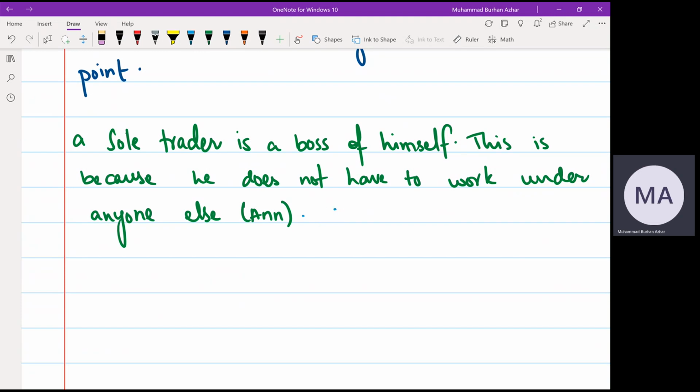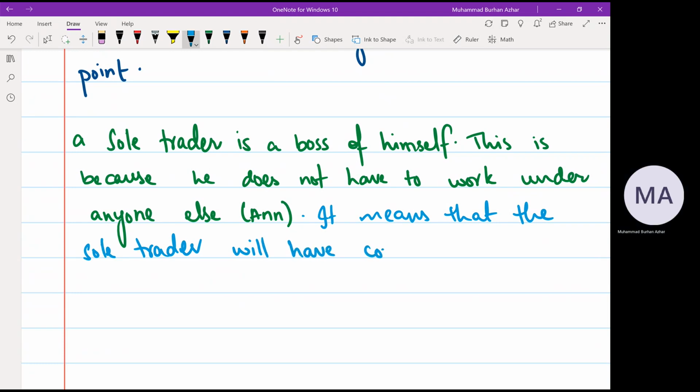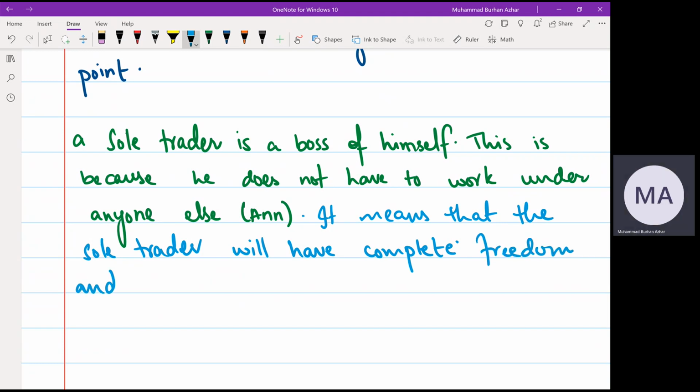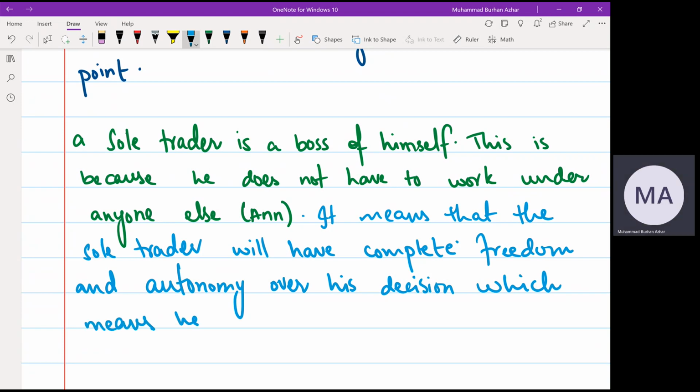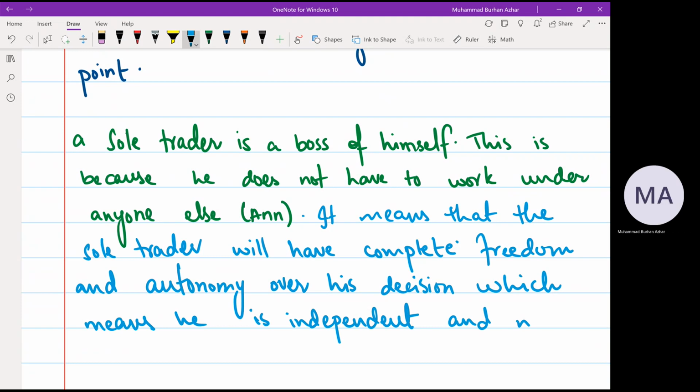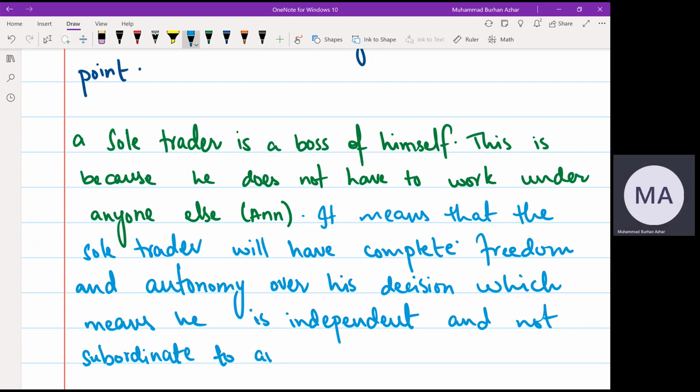This means that the sole trader will have complete freedom and autonomy over his decisions, which means he is independent and not subordinate to anyone.